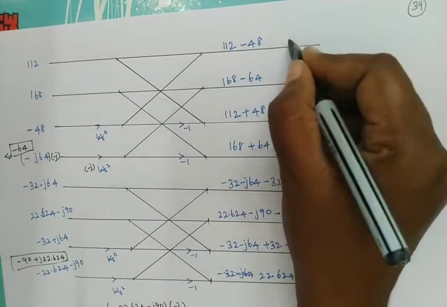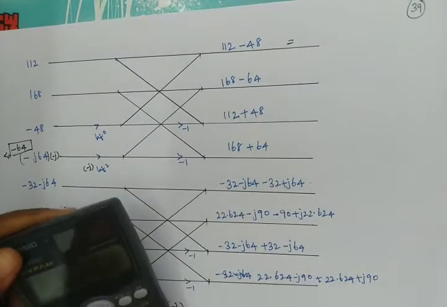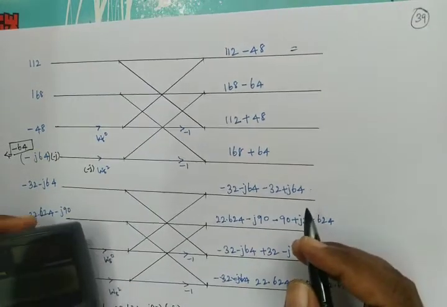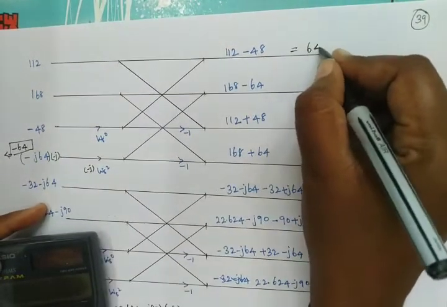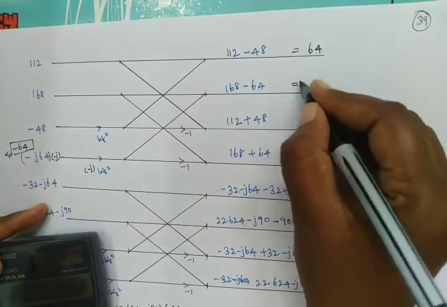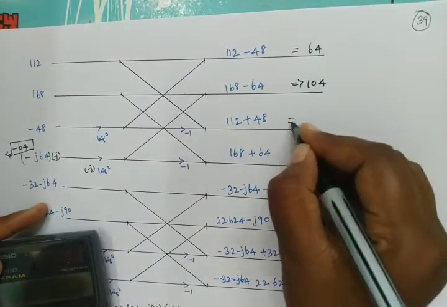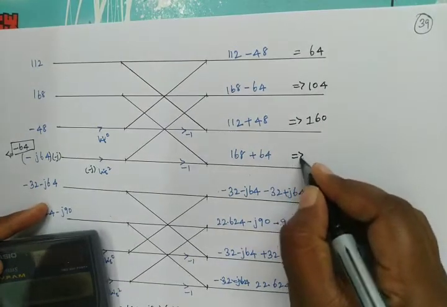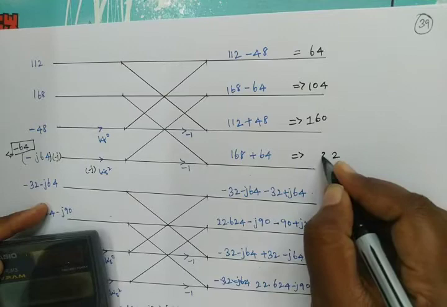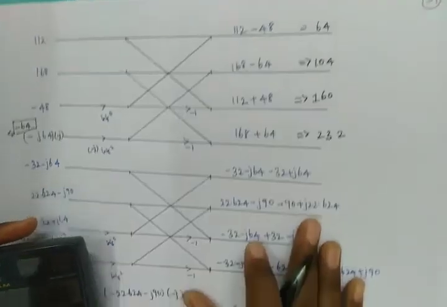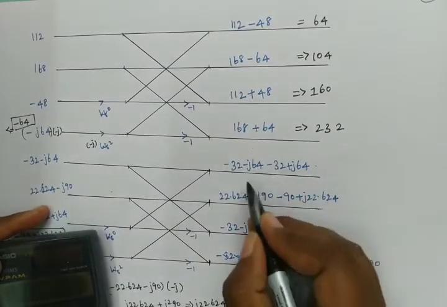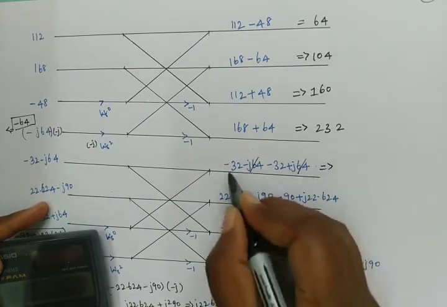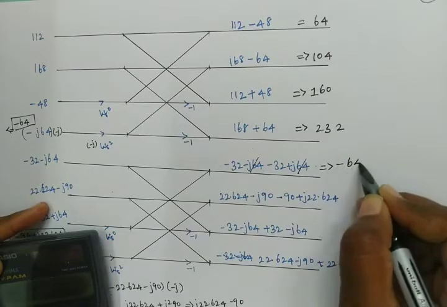Now let us write the answer for this. So which is equal to 112 minus 48, 64. So here it is 64. And here it is 104. And here it is 160. And here it is 232. And here it is now written here plus J 64 minus J 64. So we have minus 32 minus 32, so minus 64.